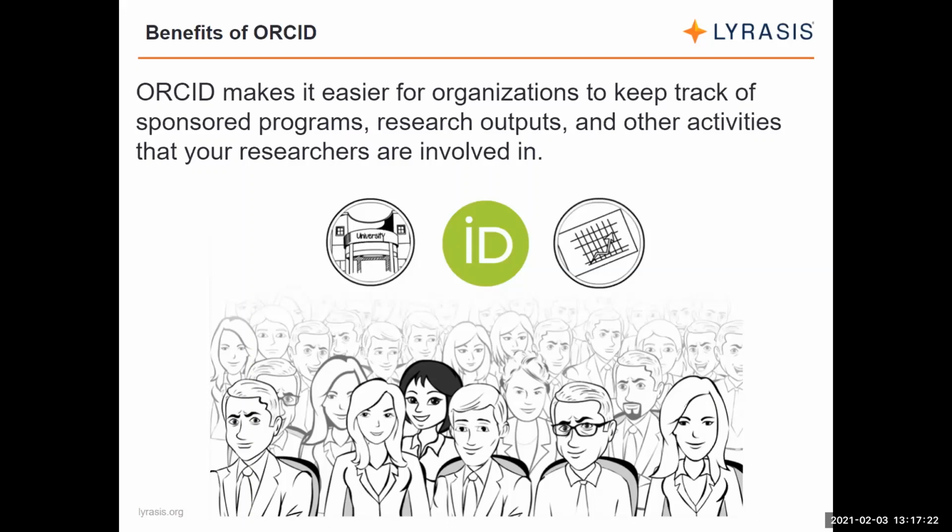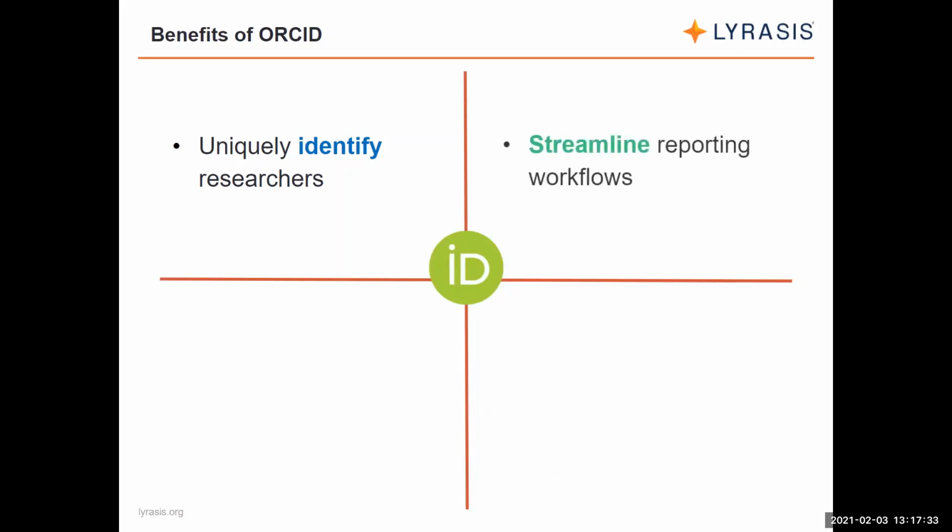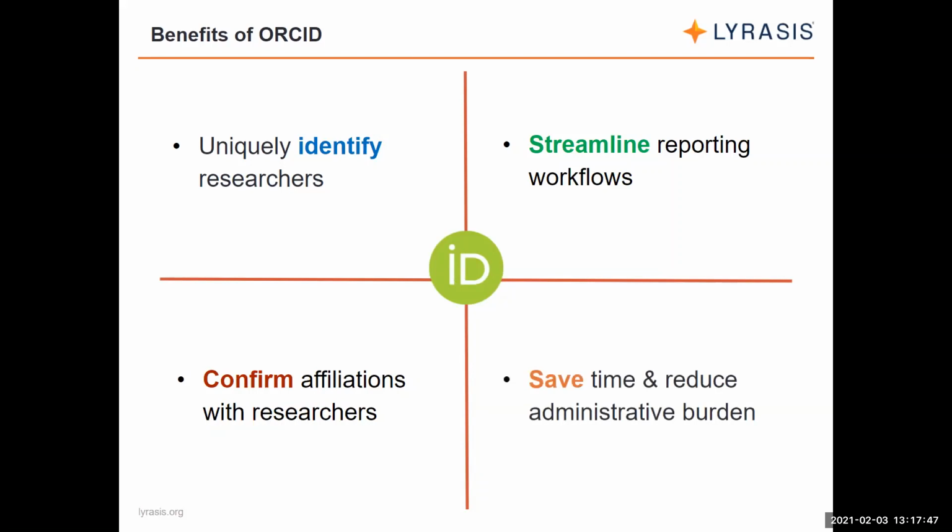And ORCID does this by providing a shared, persistent way for organizations to uniquely identify researchers and stay connected with alumni over time, streamline collection of data about researchers and their activities for assessment and gauging impact, confirming affiliations with researchers in the wider research landscape, and ultimately all of this is designed to allow both organizations and individual researchers to save time and have a reduced administrative burden.